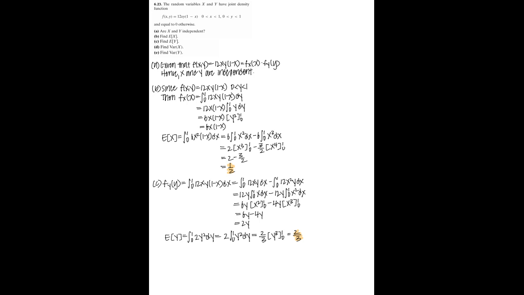Hold on. How do you know fx, fy? You mean what they are? Yeah, here, fx of x, fy of y. Like what they equal to? Maybe you mean from here, right? So you have x times 1 minus x, that's for x.